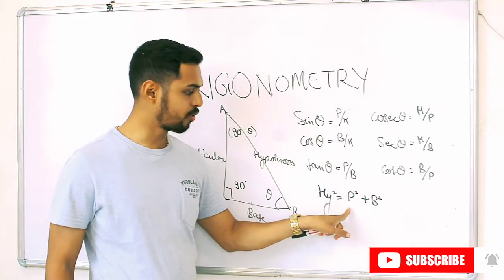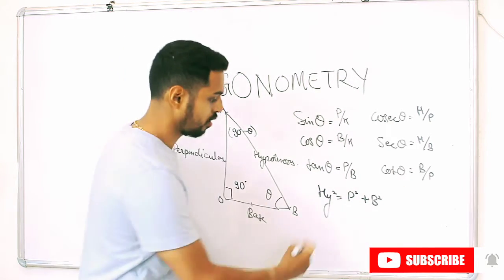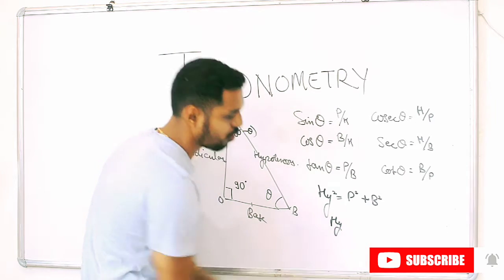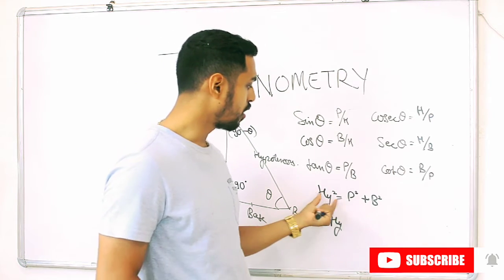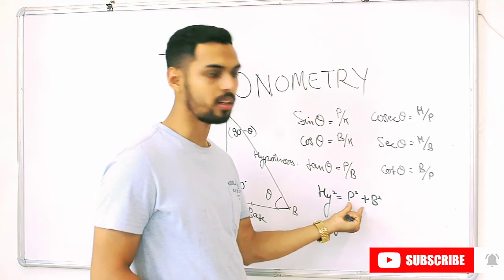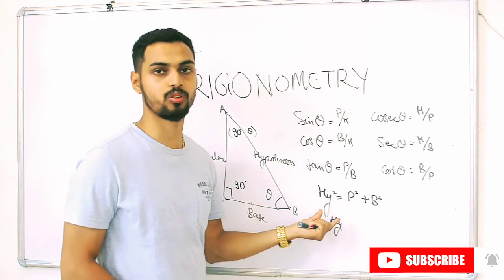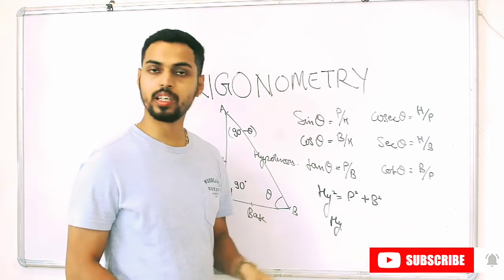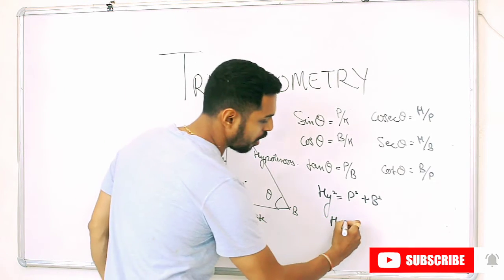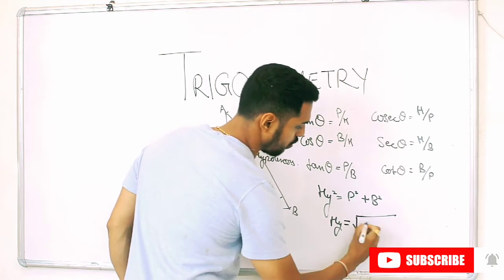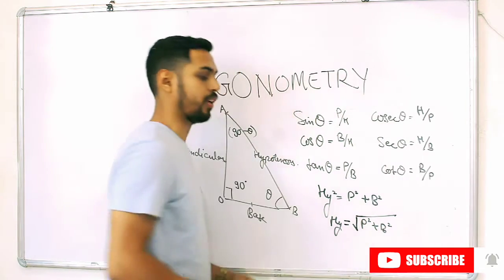By this formula only we can find it if your perpendicular is not there, or if your base is not there, or if your hypotenuse is not there. In all three cases, this single formula will be used. Okay, hypotenuse is equal to root of perpendicular square plus base square.